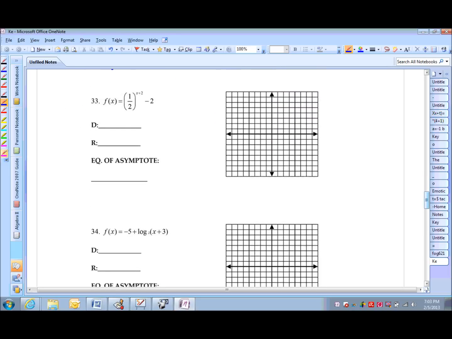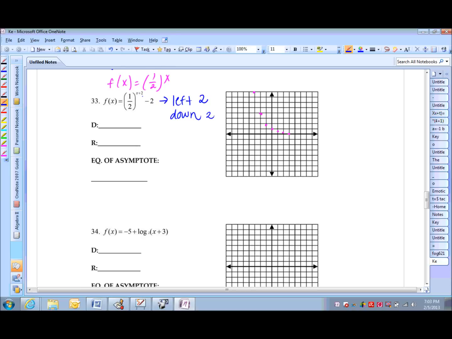The parent function we're dealing with here is f of x equals 1/2 raised to the x. And when we plot those parent points, you should end up getting something that looks like this. Okay, and now we're going to look at the transformations that need to be made. We look at left, right first, and this x plus 2 tells me I'm moving left 2. There's no reflections in this problem, and this negative 2 out in the back tells me I'm moving down 2.